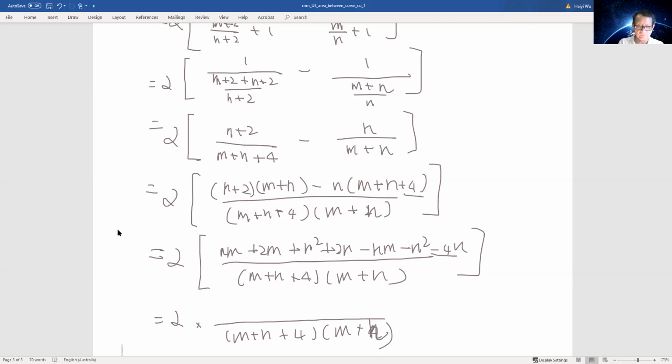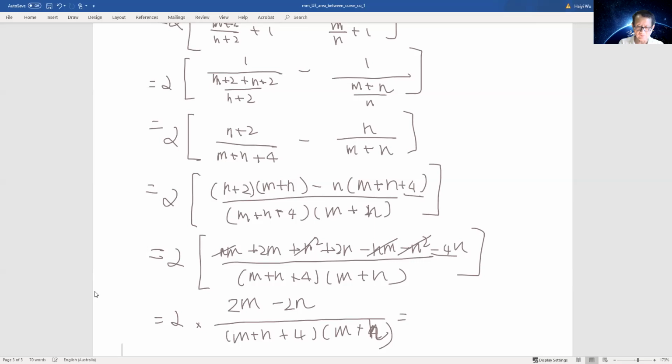All right, now on top we can see there are things we can cancel out. n squared cancels with n squared. So now we have 2m left, and 2n minus 4n is negative 2n.